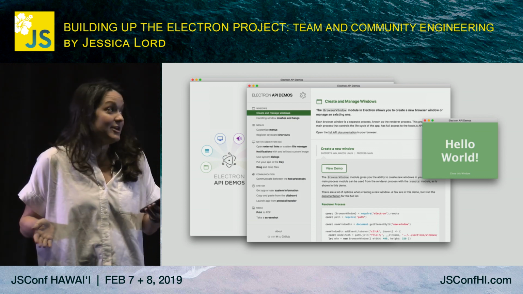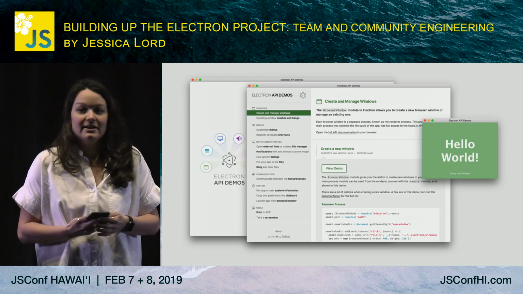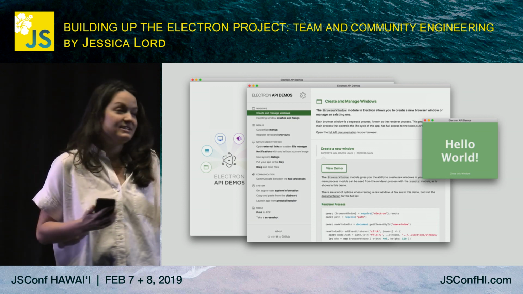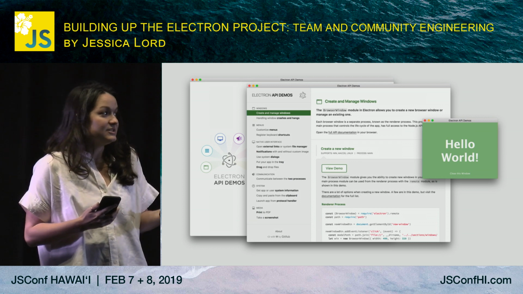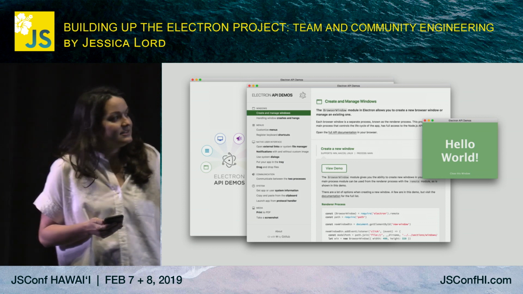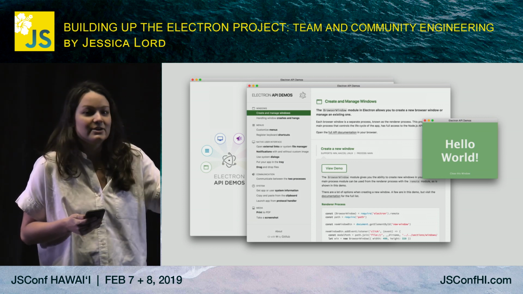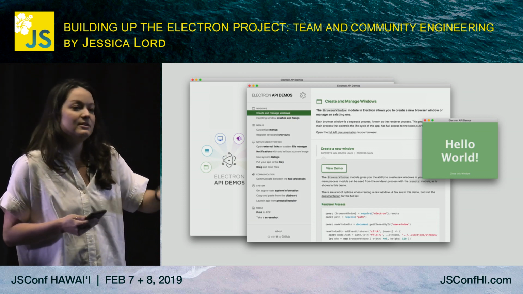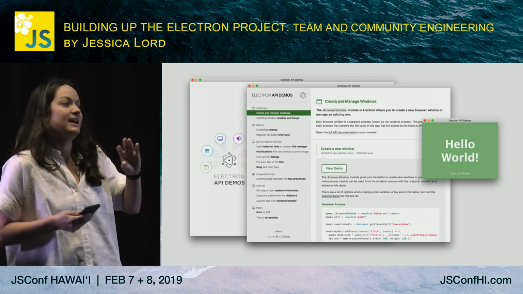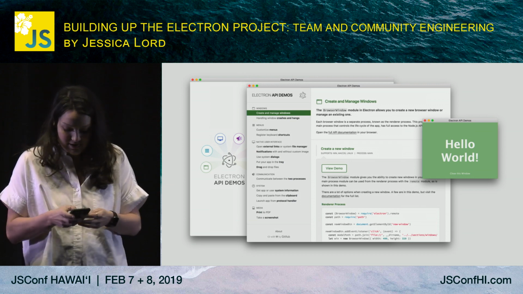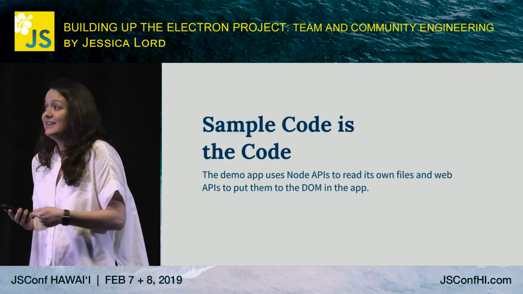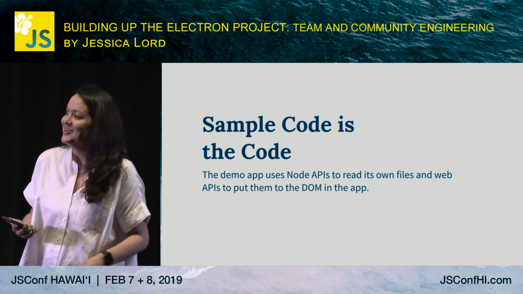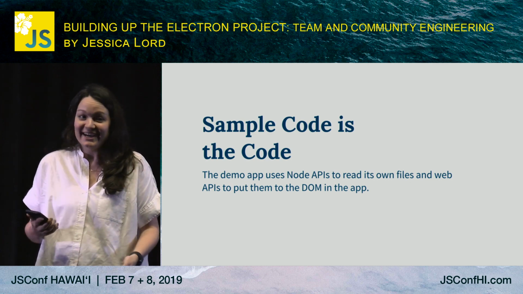kind of a left sidebar of common Electron things like opening a new window, printing a PDF, and some of these common native things that you would use in Electron. And you get to demo them and actually interact with it and see, like, oh, this is what they mean when they say system dialog, and start to get ideas and see what you can do with Electron. And a cool thing about this app is that it's an Electron app, and the sample code is the actual code.